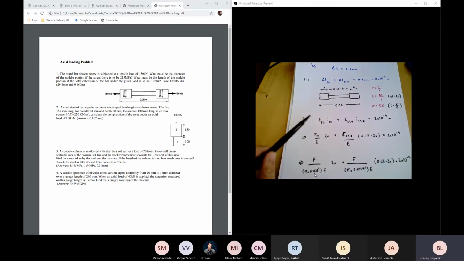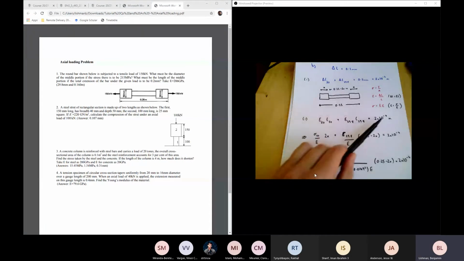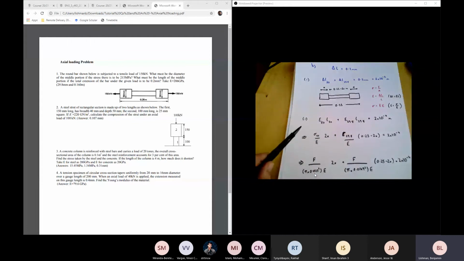I'm happy enough that the changes in length are the strain, which is a very small number, times the original length, which is a slightly bigger number. And so that seems fine, and that'll still come out with a small number in the end for the change in length.